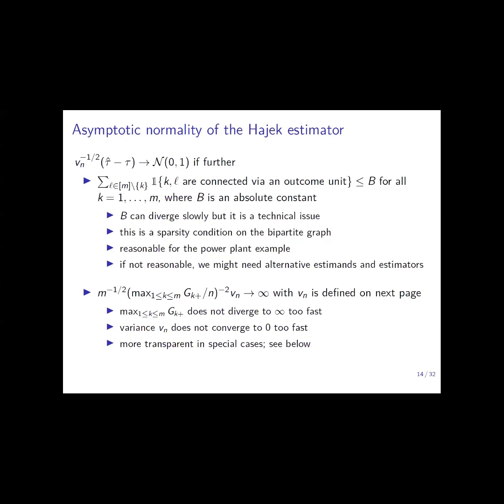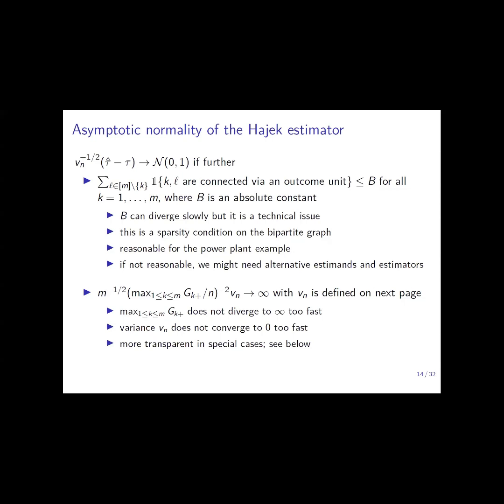Another sparsity condition on the bipartite graph. Otherwise, the spillover is too strong. You can imagine some graph where all the intervention units are connected indirectly via another outcome unit. This assumption breaks down. Again, it's reasonable for the power plant example due to the spatial pattern.